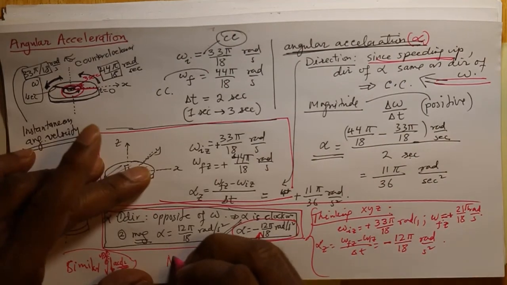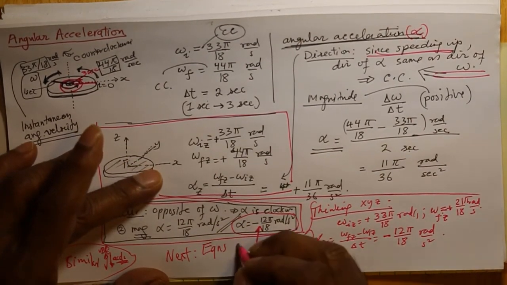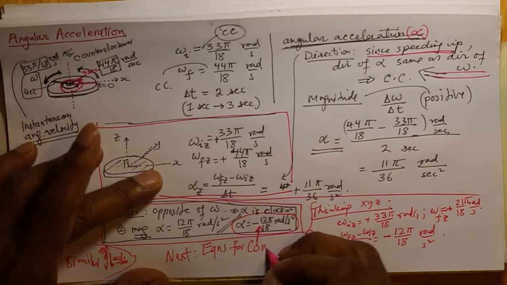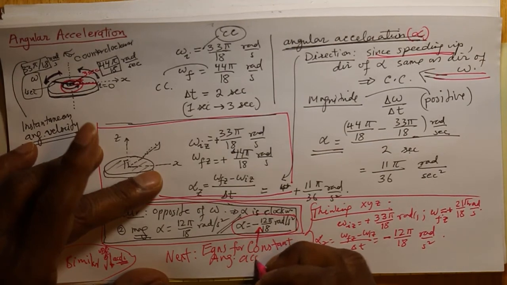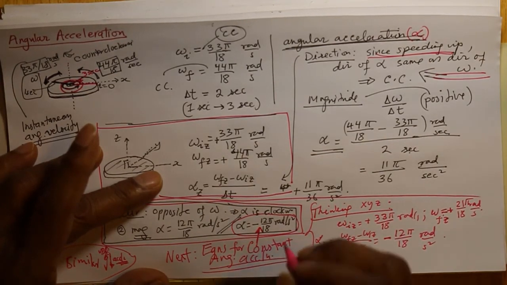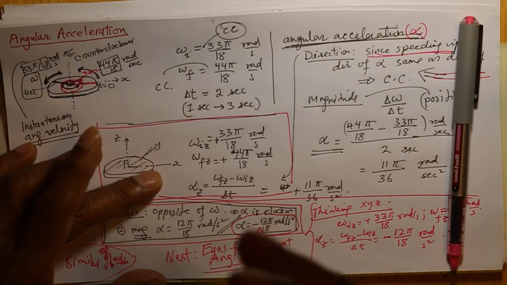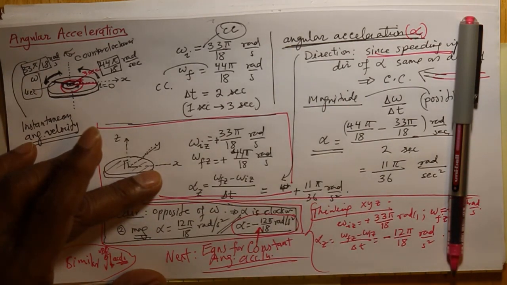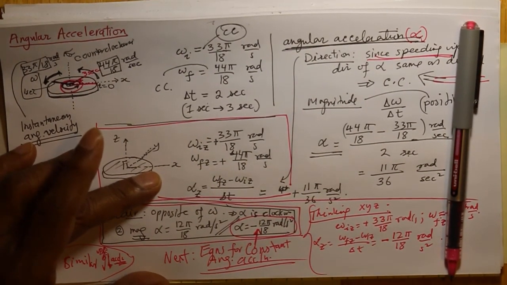So next is equations for constant angular acceleration, and they will look very much like the constant linear accelerations we have used, and many people remember them that way, and we're going to do some problems using that. Okay, so see you in the next video.